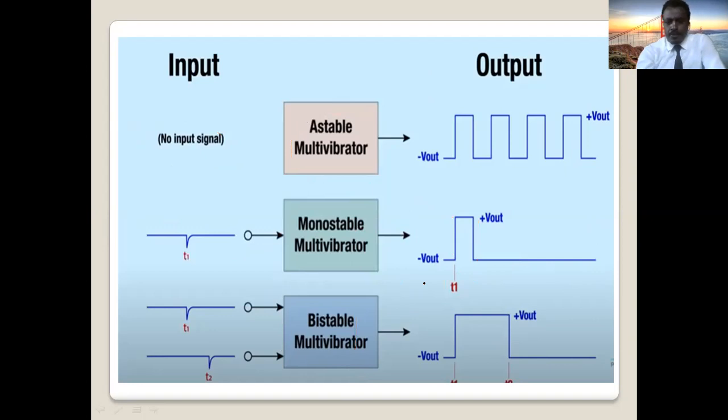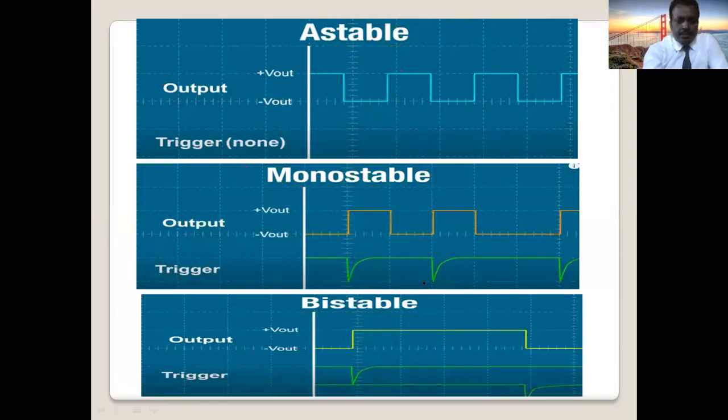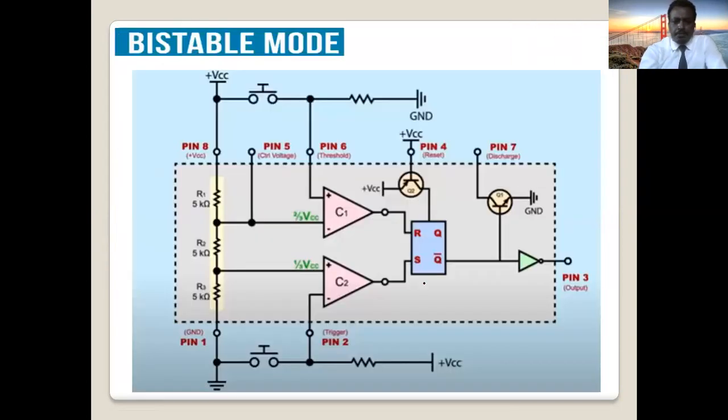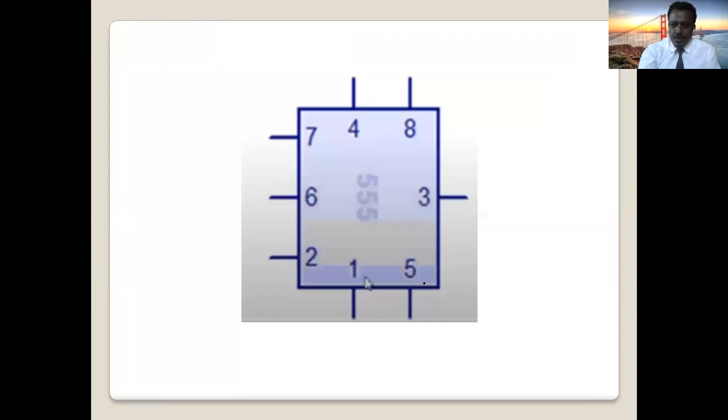Okay. So let's start from the bistable mode. So what does it mean by bistable mode? Let's draw the bistable mode here. So what's pin number 8? Pin number 8 is VCC.